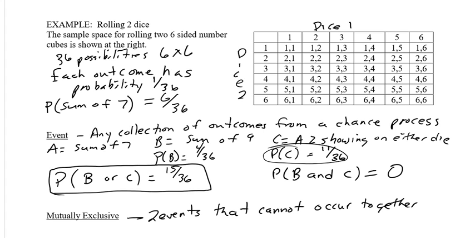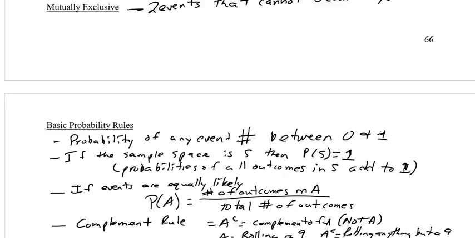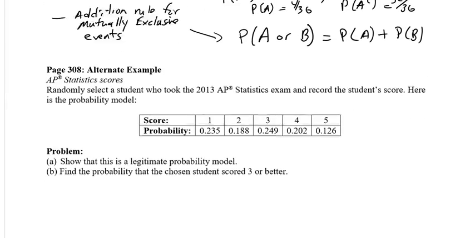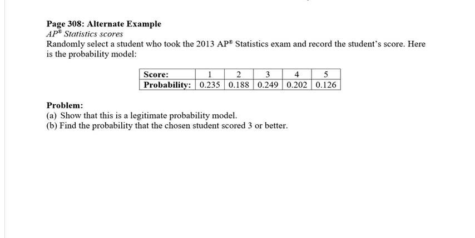Let's look at this example. Randomly select a student who took the 2013 AP Statistics exam and record the student's score. Here's the probability model. Show that it's a legitimate probability model. So our solution, A: first of all, probabilities are between 0 and 1. That's one requirement.